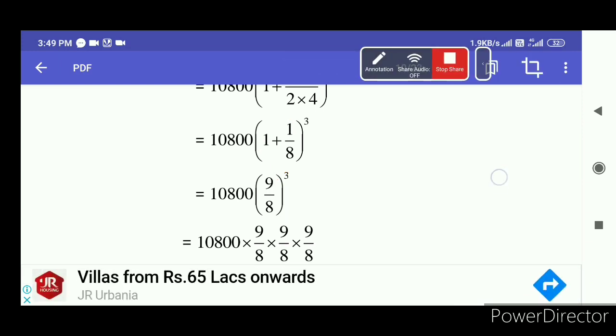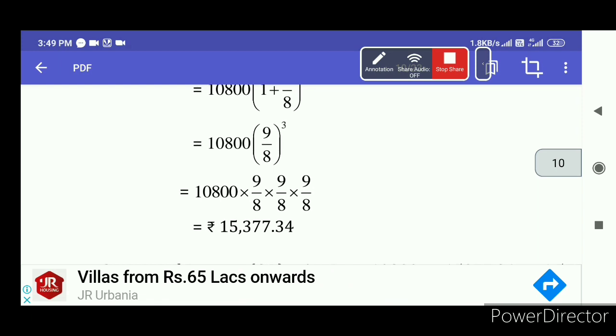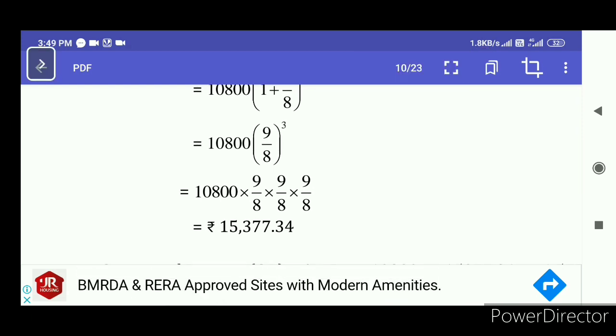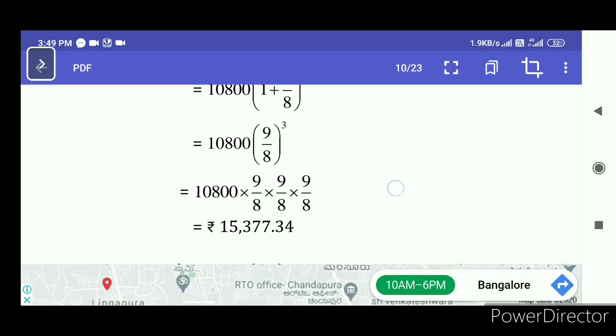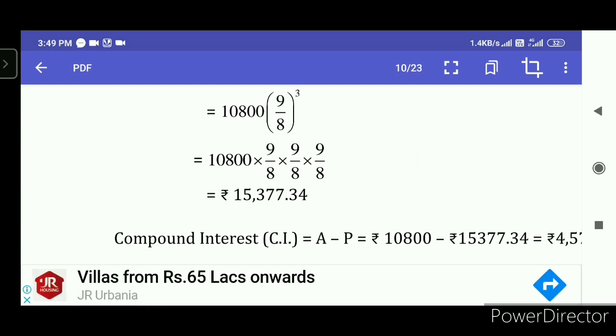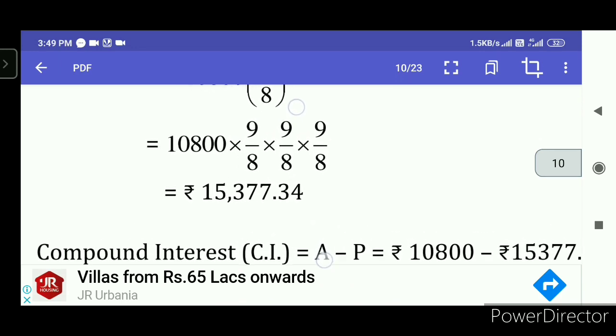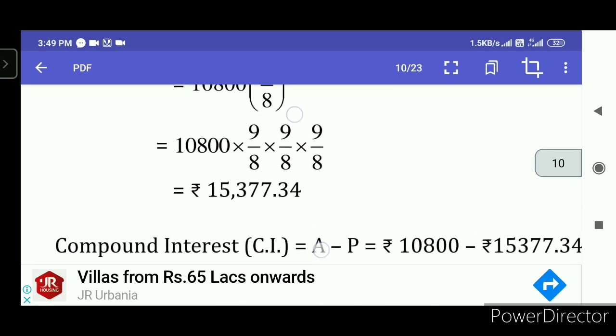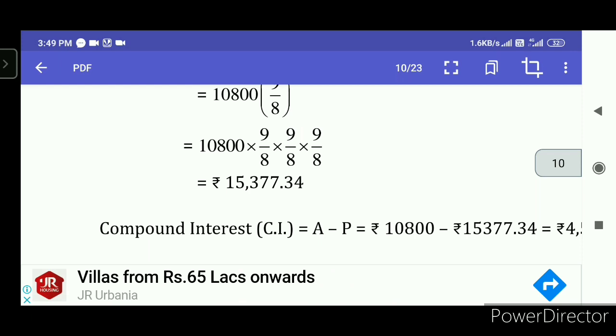That is 10,800 into 9 by 8 into 9 by 8 into 9 by 8. If you simplify that multiplication, you will get 15,377.34. This is the amount.